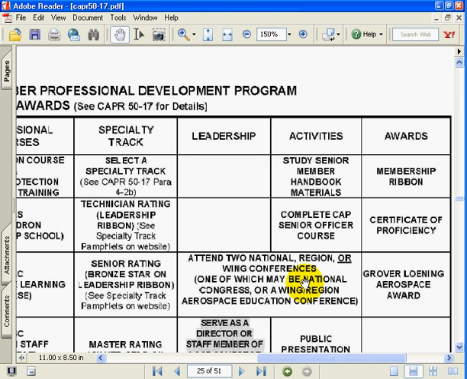It may also be a National Congress or Aerospace Education Conference. Basically, the idea is networking, getting to see the bigger picture of what's happening, what the emphasis is in Civil Air Patrol. At times, we can get a myopic view of what's going on in Civil Air Patrol, and this is just to expand the horizons. Completion of this is the Grover Loening Award.